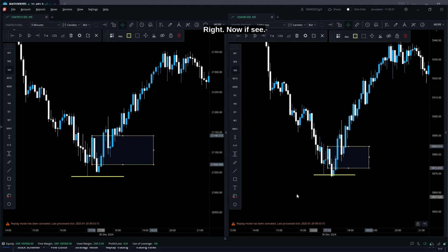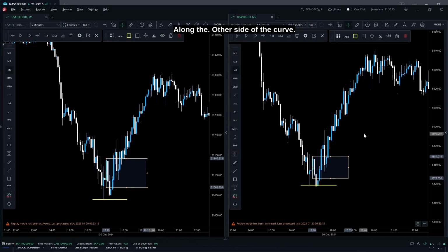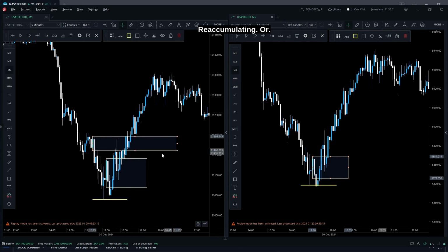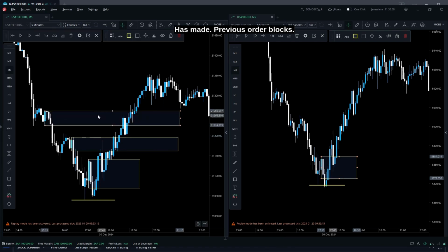Right? Now if you see along the other side of the curve, you'll see what I mean by price reaccumulating or retracing in the areas where price has made previous order blocks.